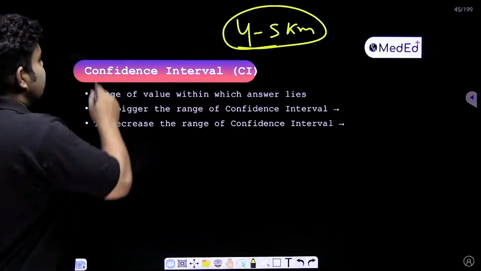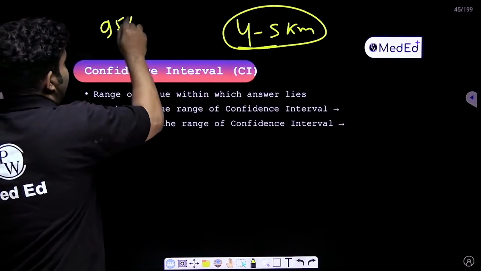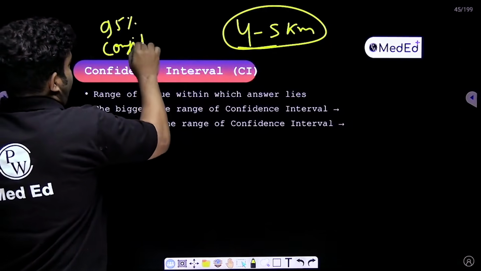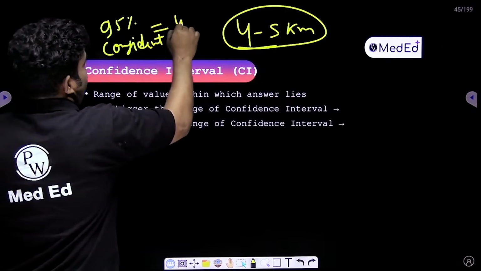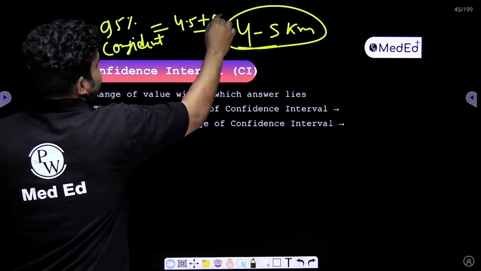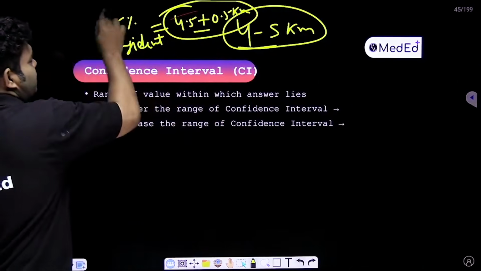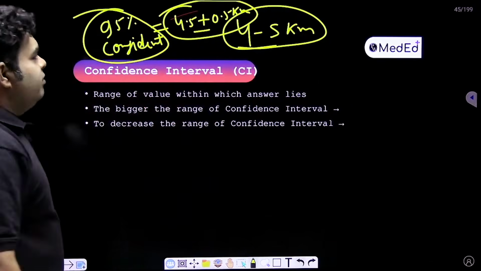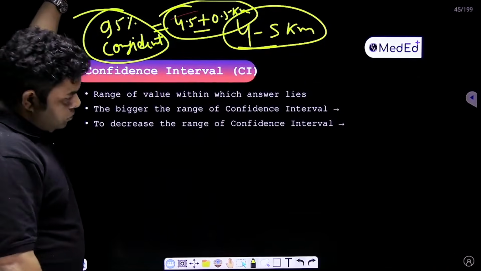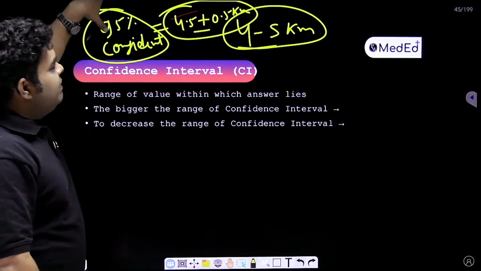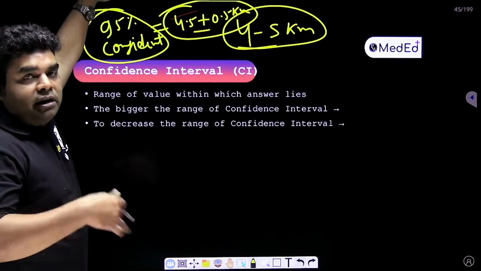So you said, sir, I am 95% confident that I can run 4.5 plus minus 0.5 kilometer, 4 to 5 kilometers I can run. For this thing you are 95% confident. So this is your 95% confidence interval in simpler terms.